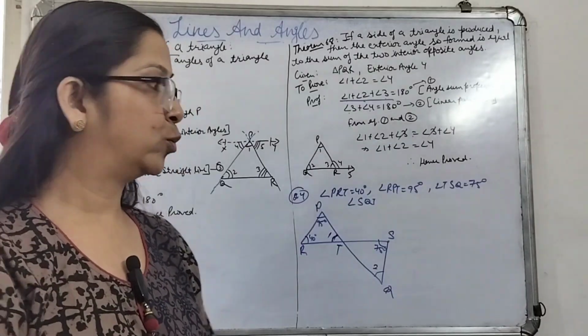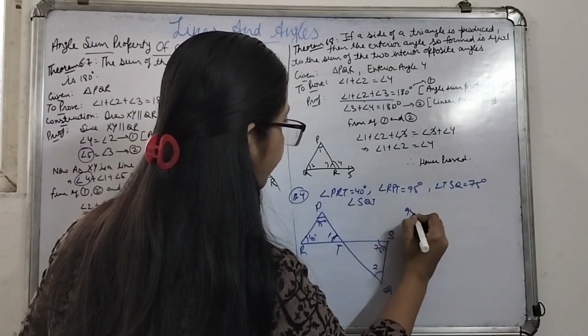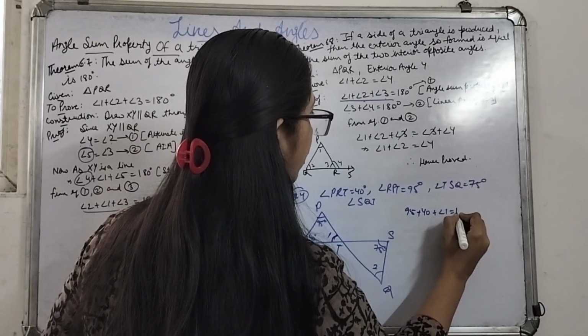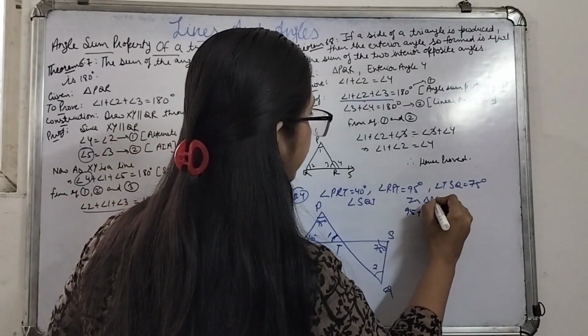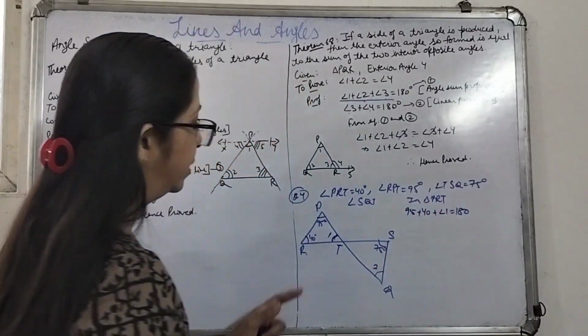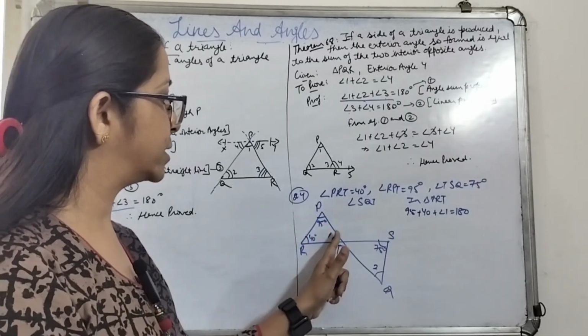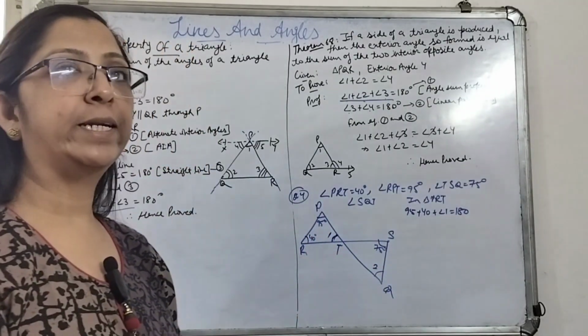In triangle PRT, angle P plus angle R plus angle T, that is 95 plus 40 plus angle 1, equals 180 degrees.